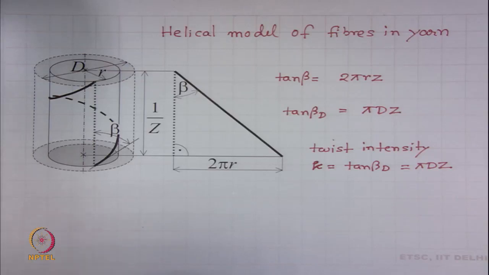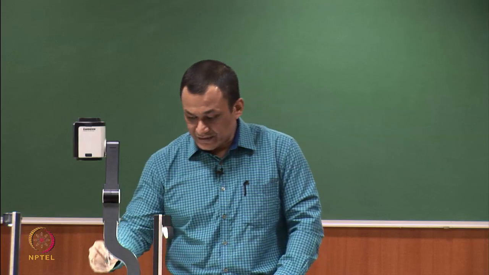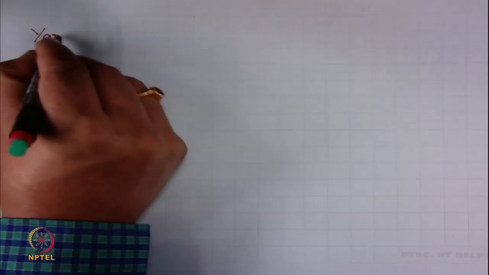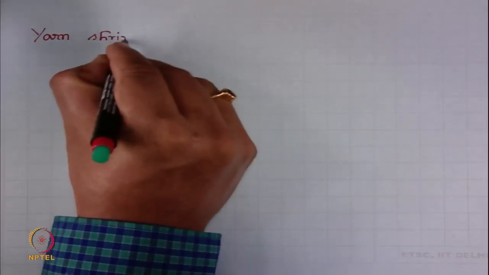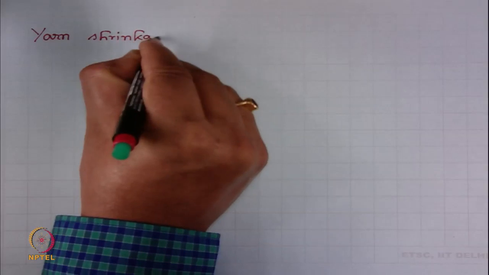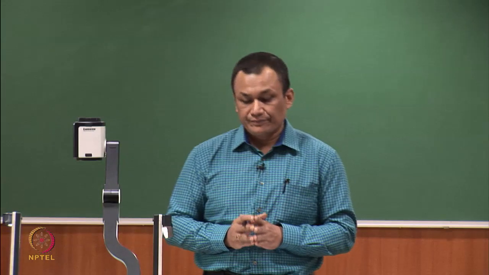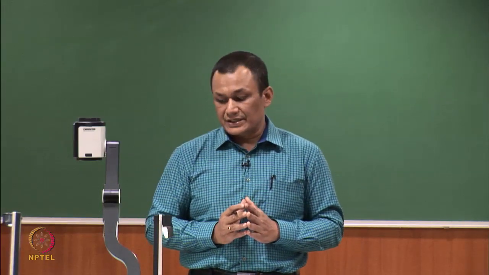Now, what is yarn shrinkage? Let us first define this. A cotton yarn contracts its length due to washing. This phenomenon is called yarn shrinkage.